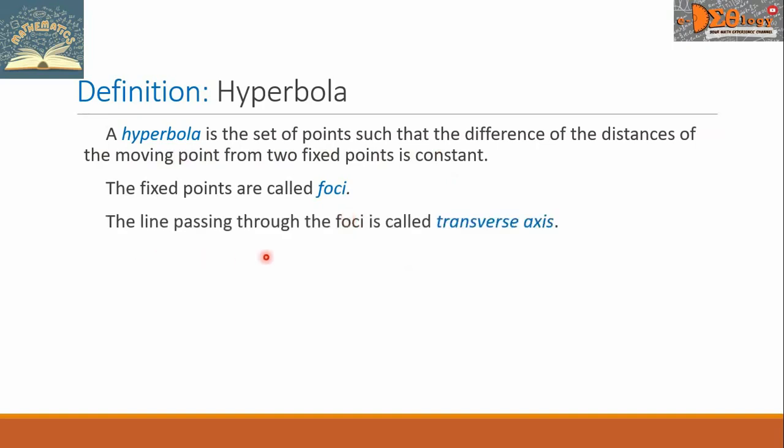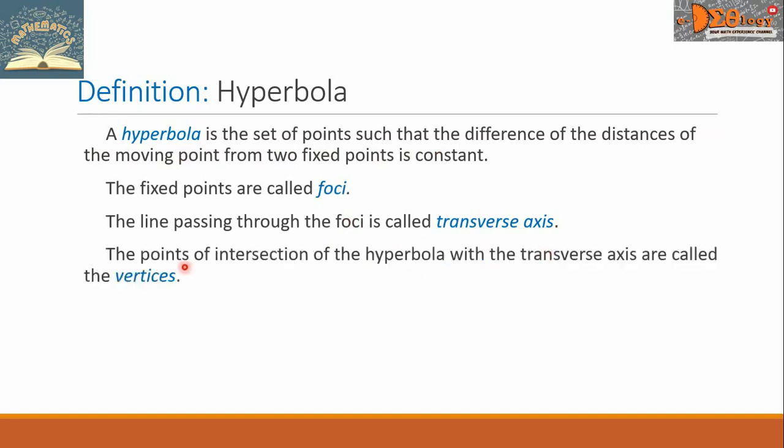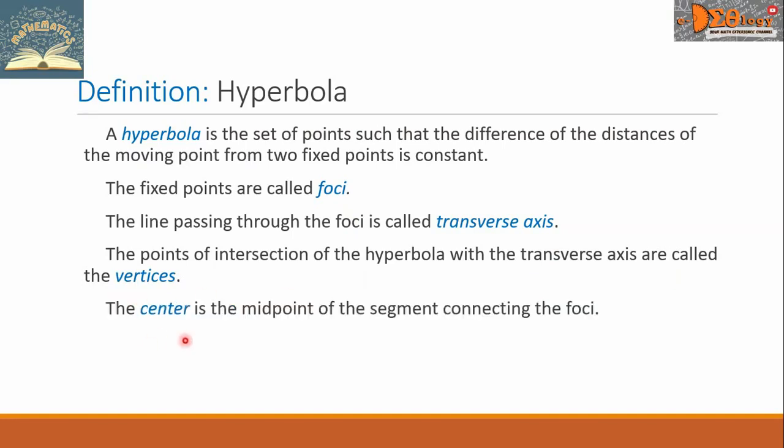The line passing through the foci is called transverse axis. The points of intersection of the hyperbola with the transverse axis are called the vertices. The center is the midpoint of the segment connecting the foci.